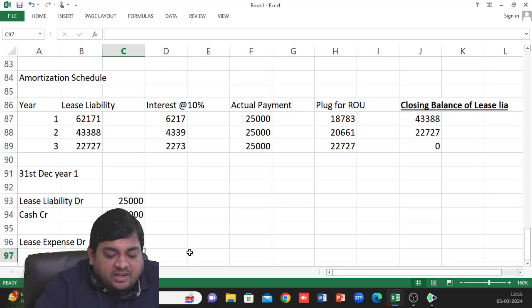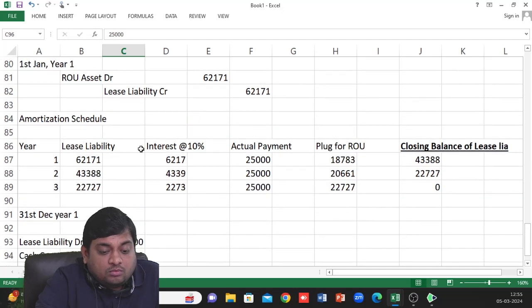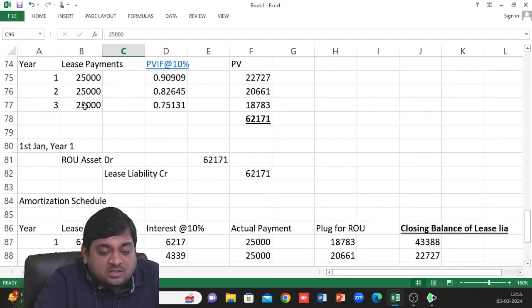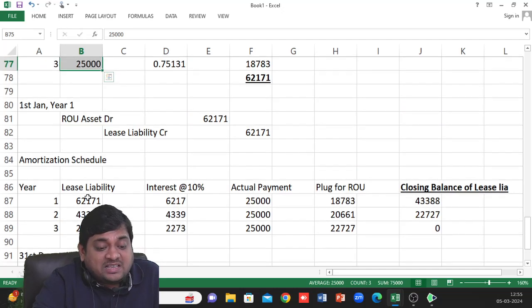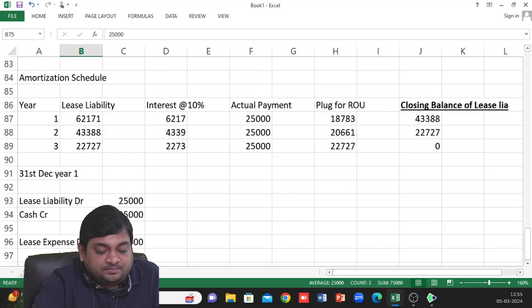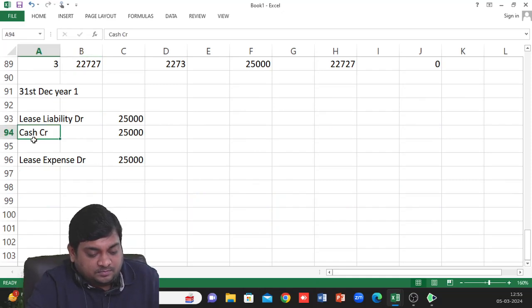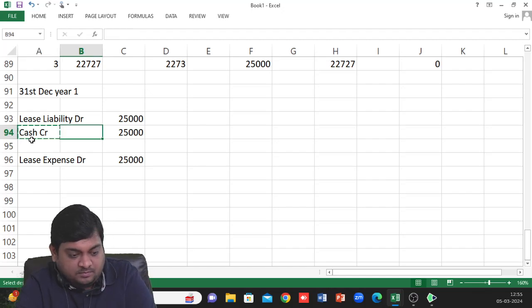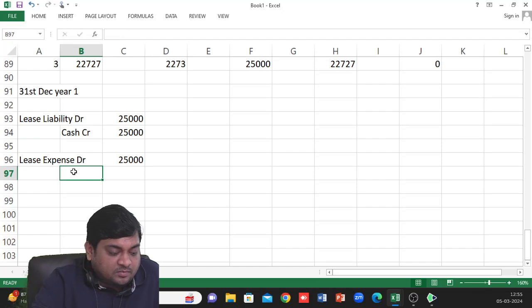How did we get this 25, you know? This total is how much? 75 divided by 3, I got 25 because of SLM. This is 75,000 divided by 3. Right?